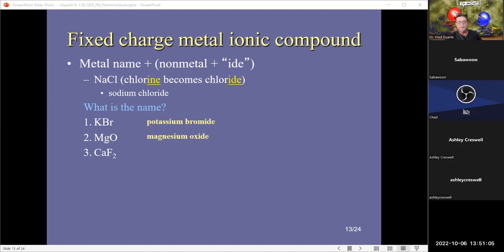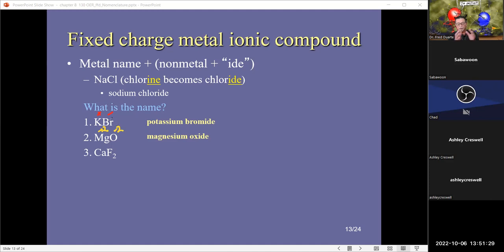Prior, let me back it up just so you can see that, and I'll write it up on top here. The bromides are -1, and potassium is a +1, so it's a straightforward 1-to-1, right? Let me change the color a little bit. The magnesium was a +2, and the oxides are a -2.